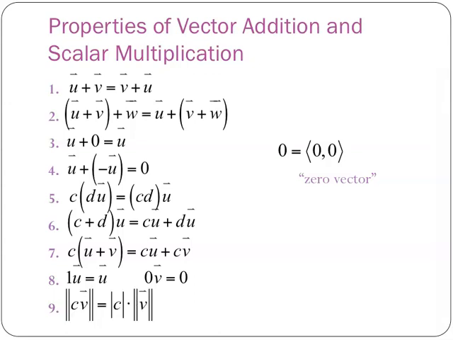and this one looks much more complicated, so we'll try to make sure we understand it. So on the left-hand side here, we have c, so that's a scalar, times a vector v, and it's saying the magnitude of that vector. Okay, so the magnitude of c times a vector is equivalent to, if you take the absolute value of c times the magnitude of that vector.